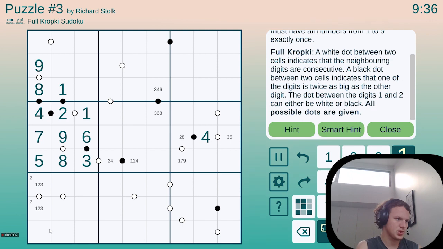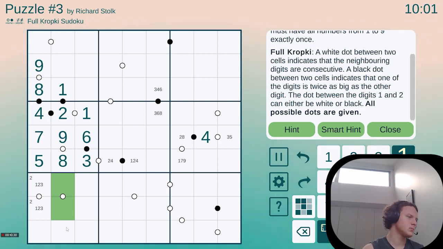Okay, so anything else that can immediately help us here? Don't have much information about this yet, do we? We do know a 7 can't go there. That has to be, actually no, a 7 can go there with a 6, can't it?